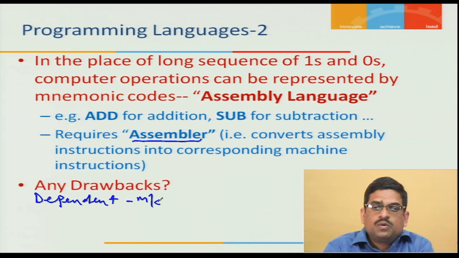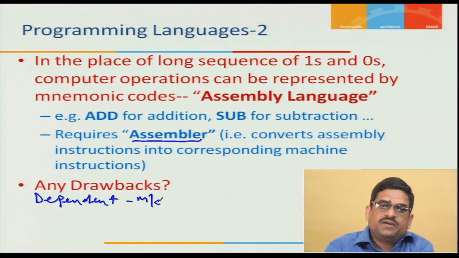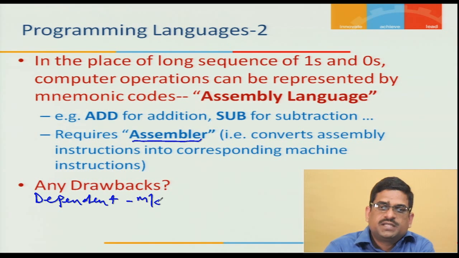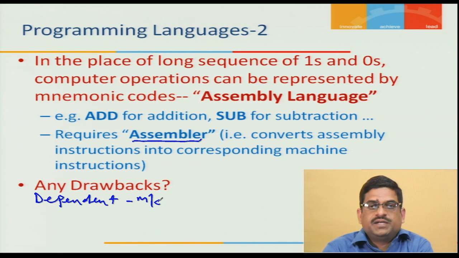So these two languages are not appropriate for writing programs. For a small program, some 10-15 instructions, it is fine, but if it's a huge program with thousands of instructions, then it's difficult to understand and maintain that particular program.